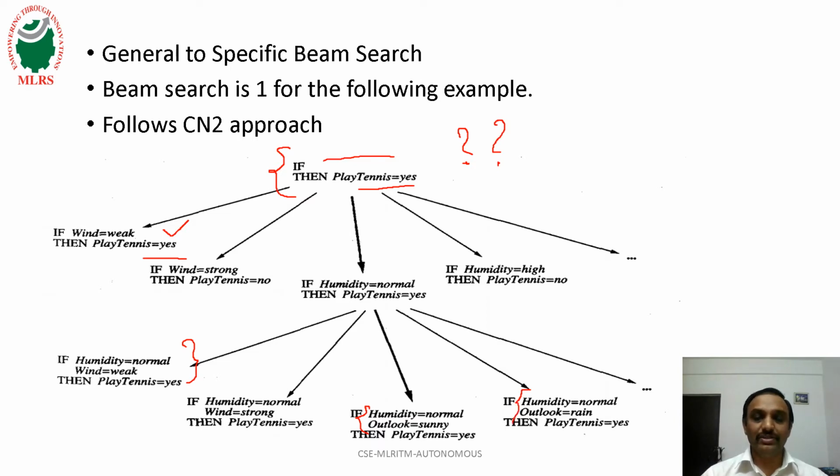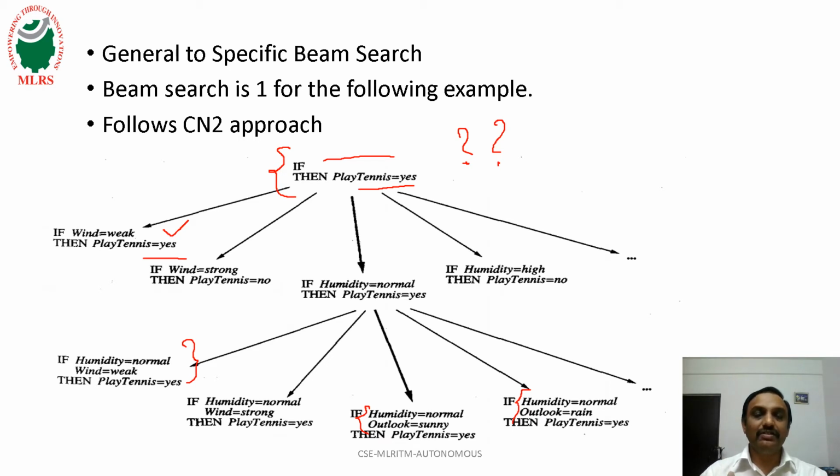All the combinations are considered, and by considering two attributes we give the result. At the next level, we can take three attributes as a combination, and at the next level, all four attributes. So that means we start with the most general case and move towards more specific hypotheses.